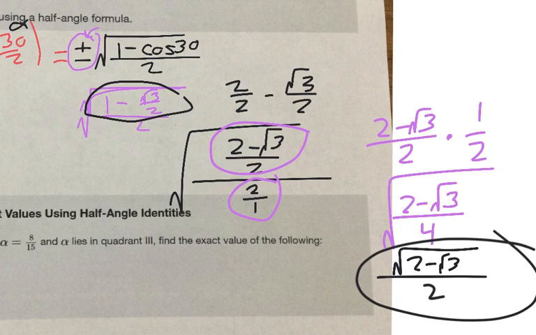Anything else? So we know where this formula came from: the square root of 1 minus cosine 30 over 2. I just plugged in, and then it was all simplification. It's all algebraic manipulation from there.